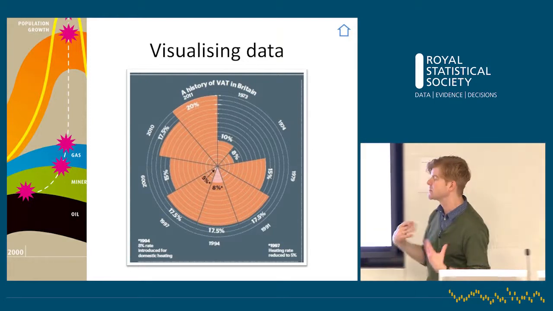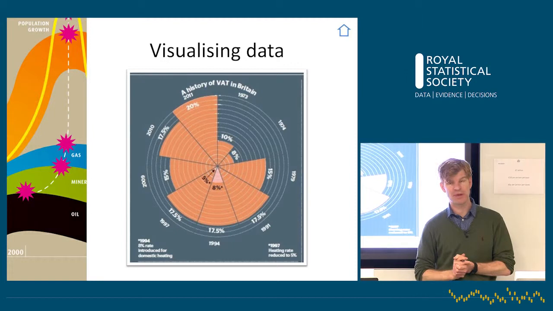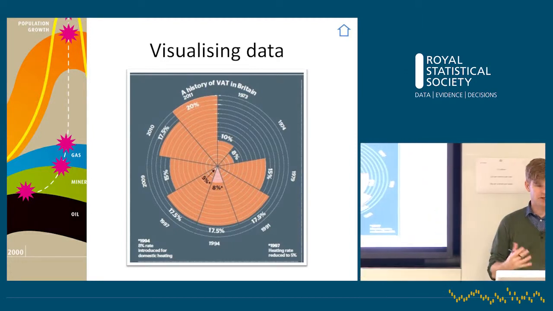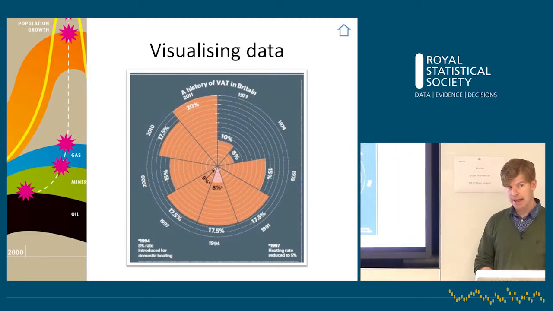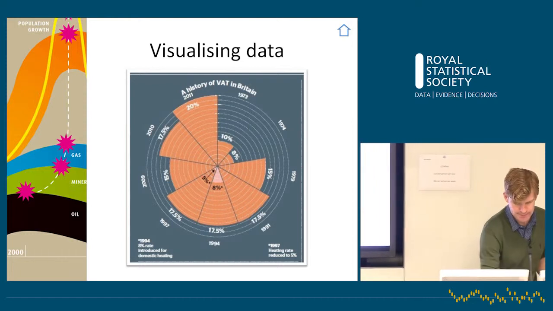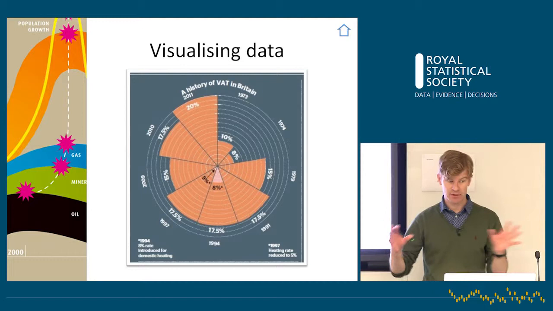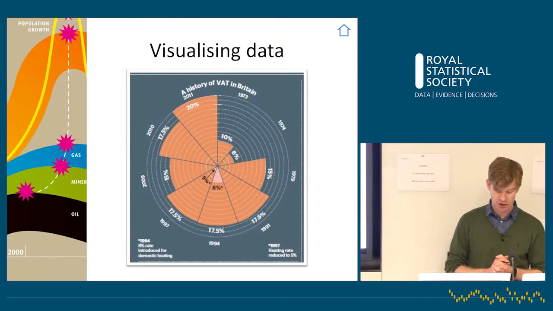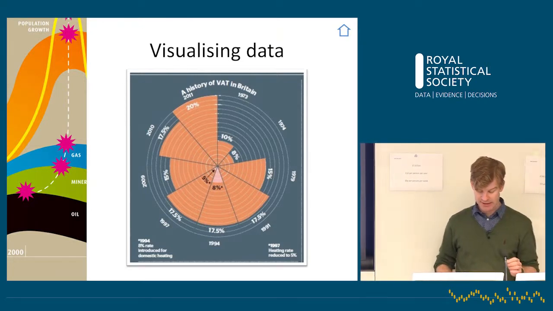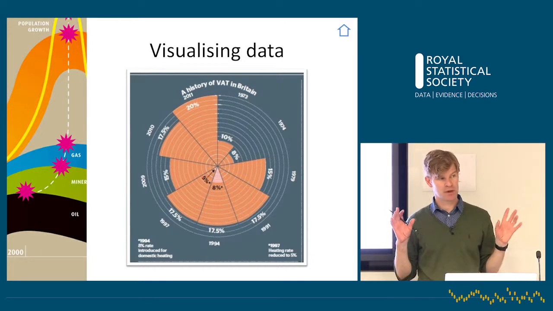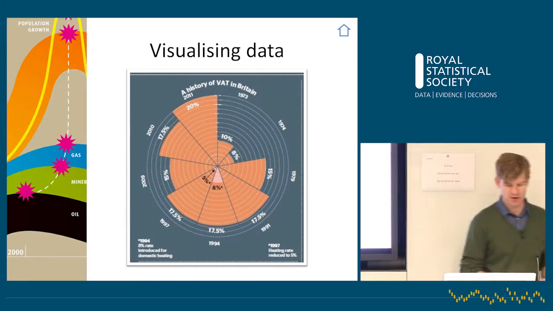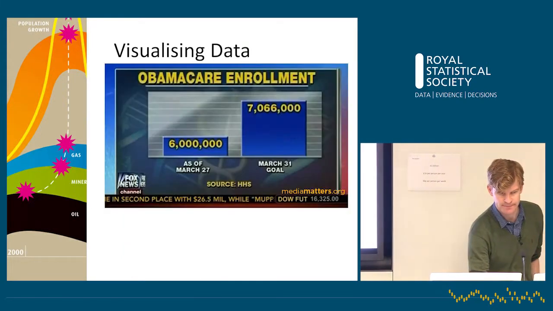It isn't, of course, and it's really by far from the best graphic they could have used to illustrate the history of VAT in Britain, I would argue, as has David Spiegelhalter. There's a graphic that he commented on his Understanding Uncertainty website, which is a very good website to look at.